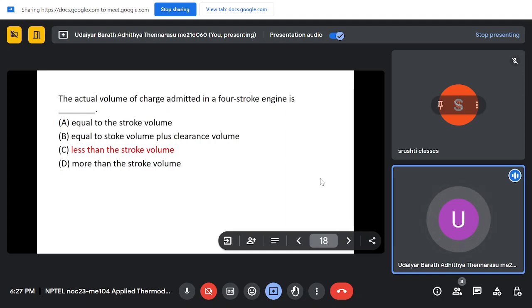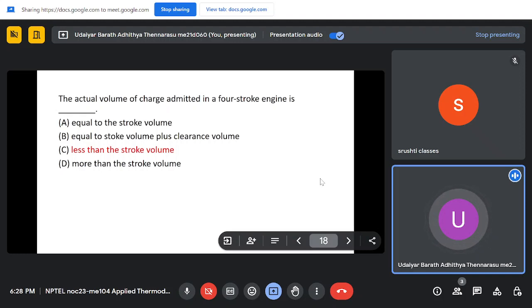If you think, in the actual cycle after exhaust, the gas will not be totally pushed out. There will be some gases present in this piston cylinder, and then when it expands, it will take some volume. That exhaust gas which is present will be at a higher pressure.